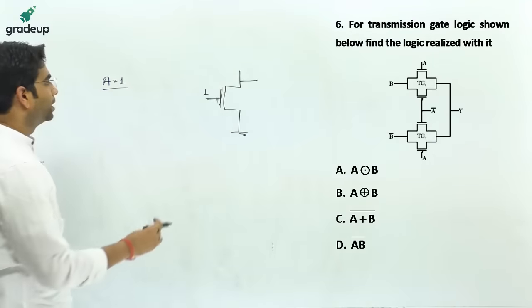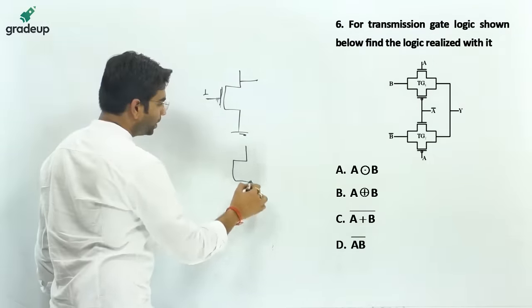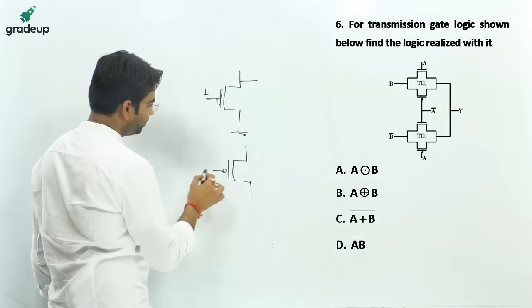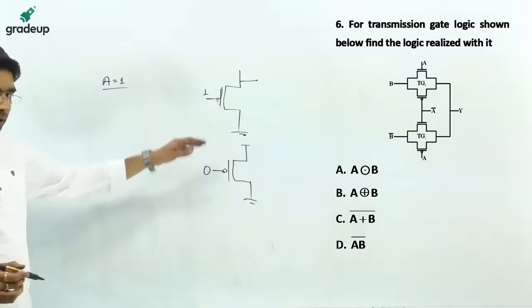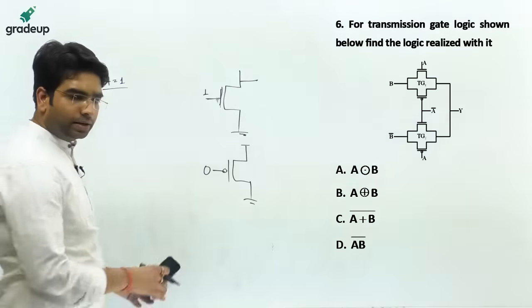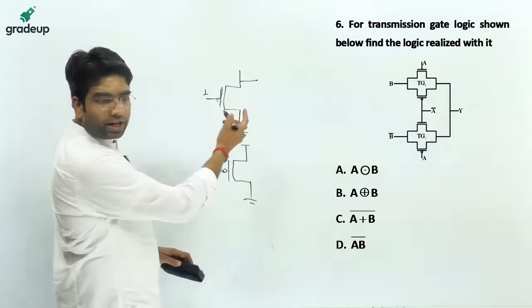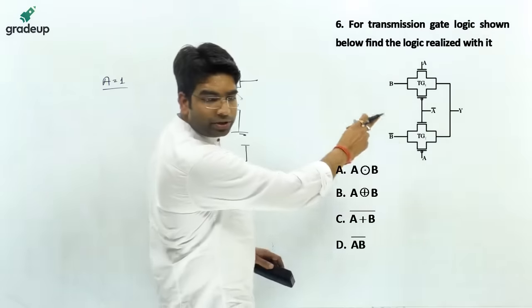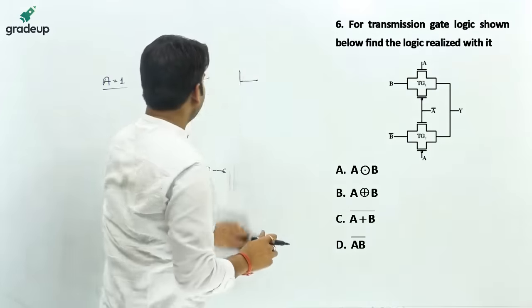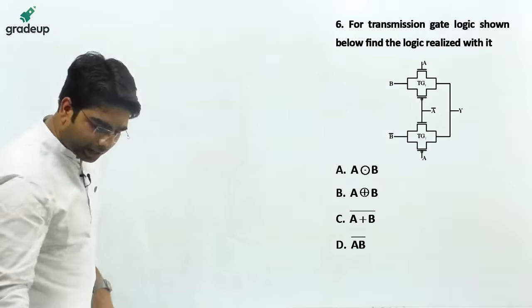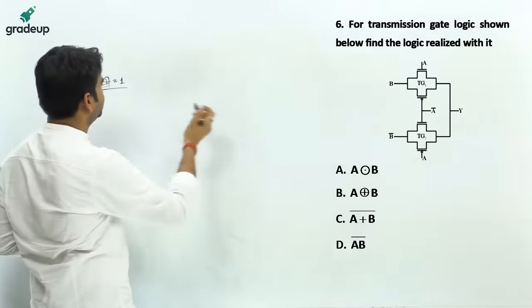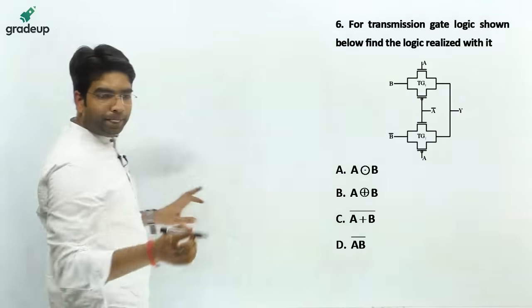And suppose in PMOS, when 0 is applied, then it is conducting. Consider that case. See, the upper one is TG1. It is NMOS, given below is PMOS, and it will act as a perfect pass of the logic when A is equal to 1.